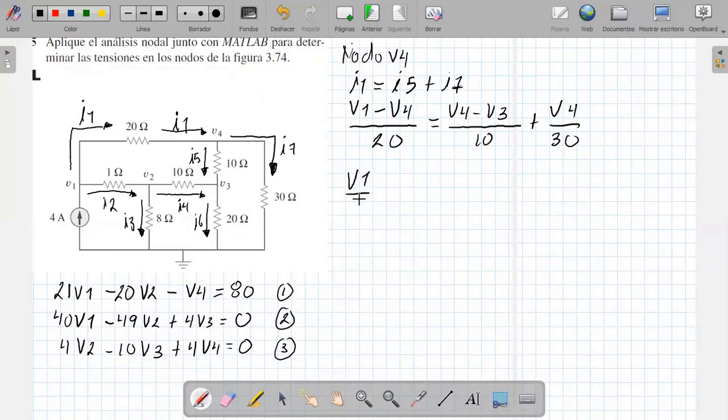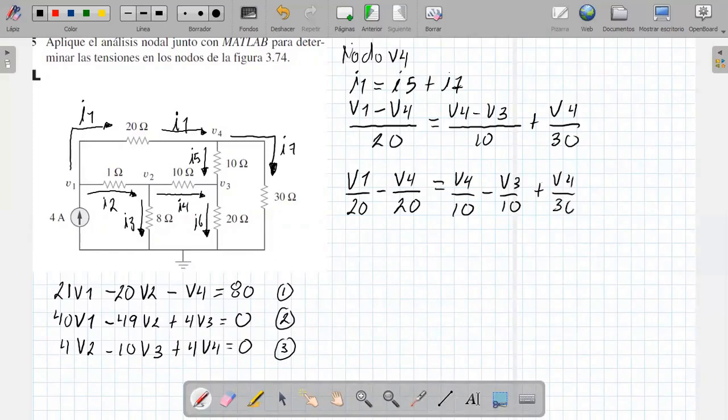Well, we start operating. It would be V1 over 20 minus V4 over 20 equal to V4 over 10 minus V3 over 10 plus V4 over 30.